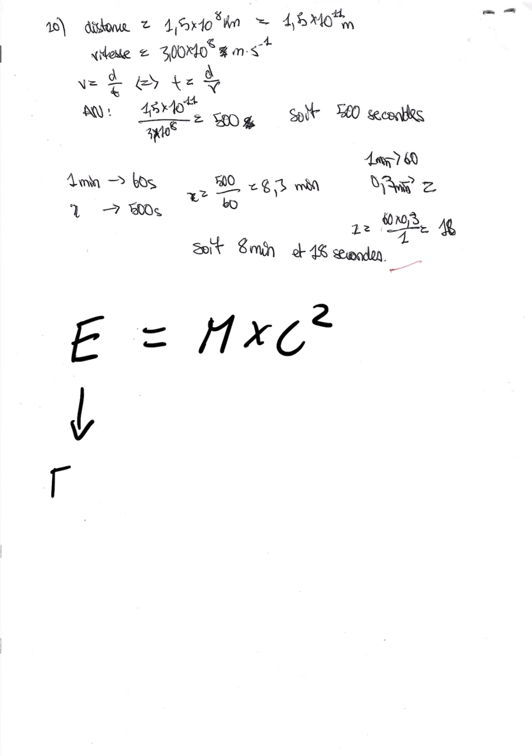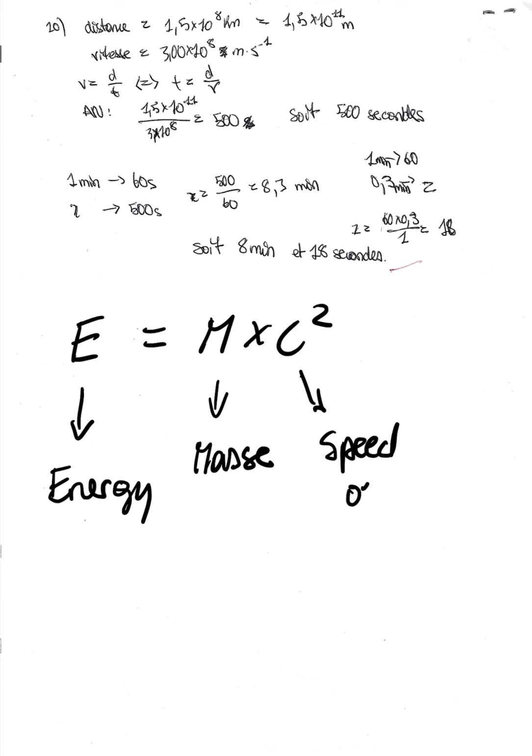So E is energy, M is mass, and C is the speed of light. And this is just an exponent. So here are the different things in our equation.